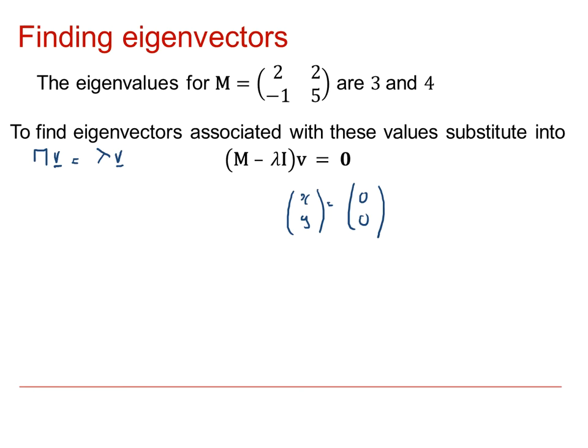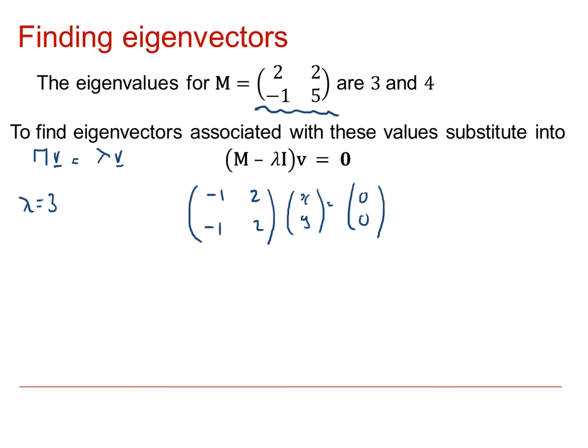Now the matrix comes from different values of lambda, so when lambda is equal to 3, that's our first eigenvalue, then the matrix is 2 minus 3, which is negative 1, 2, and then negative 1, and 5 minus 3, which is 2. So that's just substituting lambda equal to 3 into this matrix here.